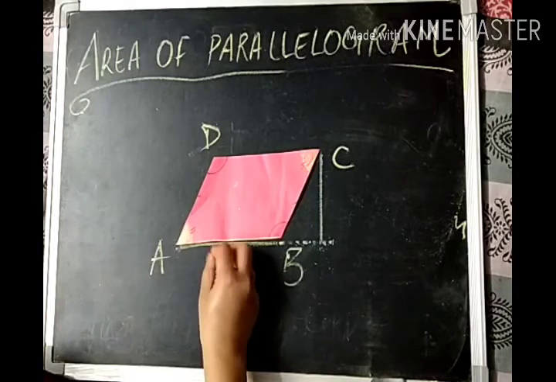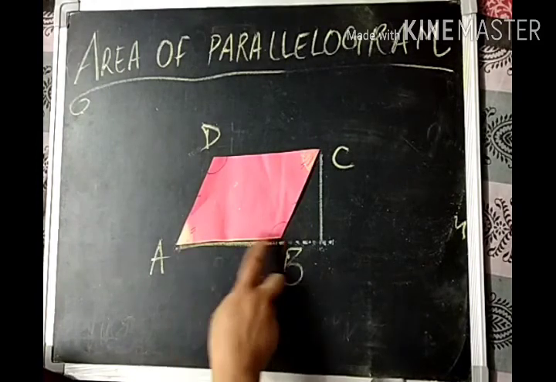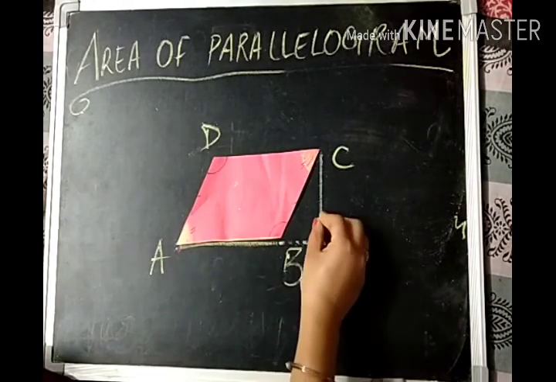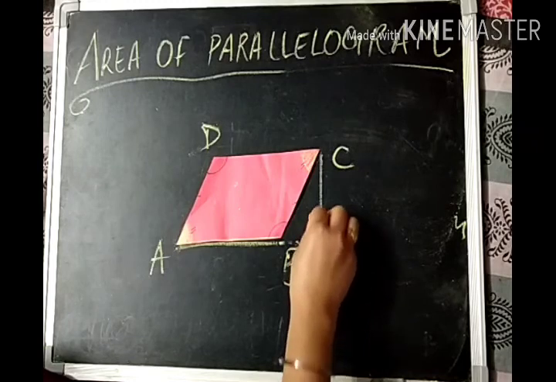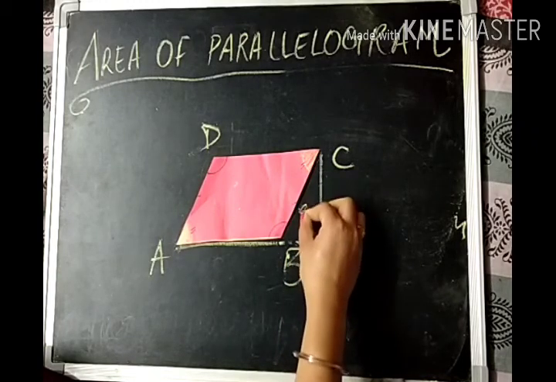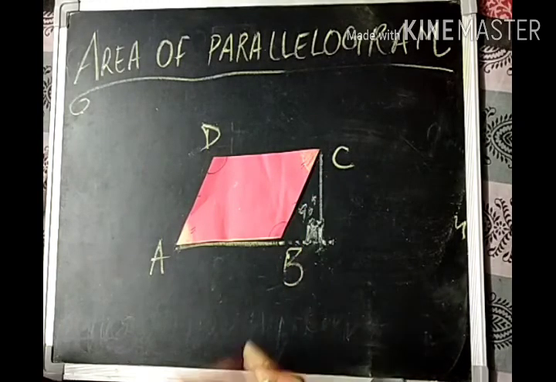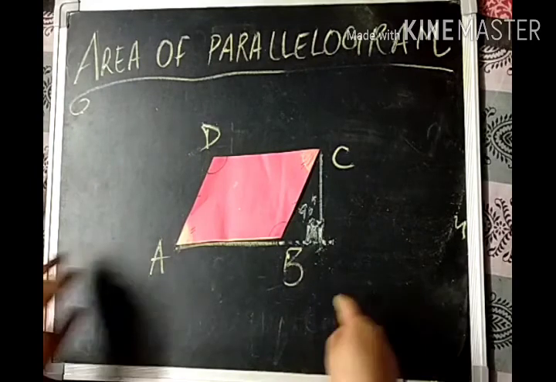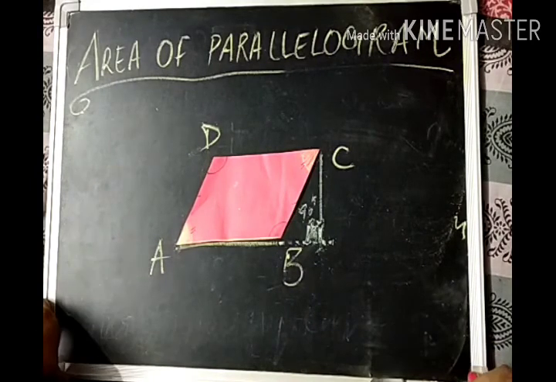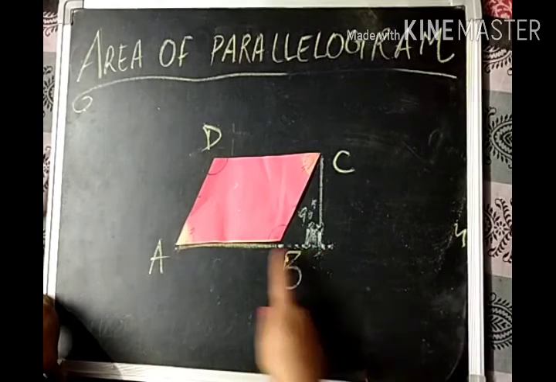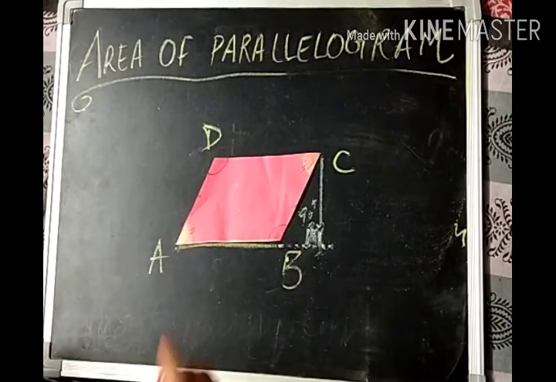If this is exactly straight, you can measure it with a protractor; this should be 90 degrees. So this is 90 degrees.